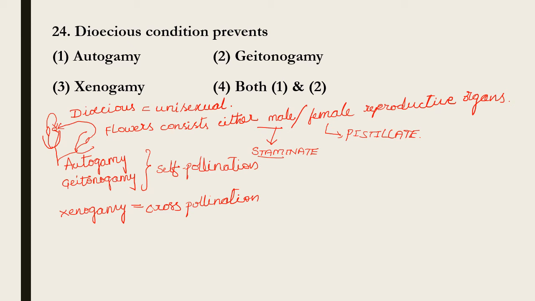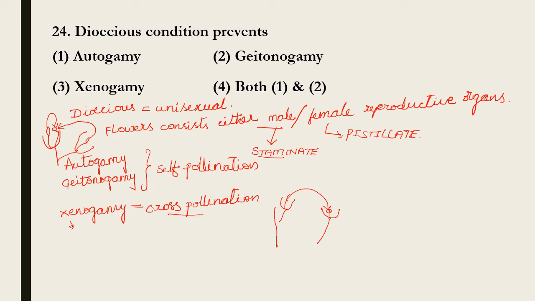But xenogamy occurs in dioecious plants. That means cross pollination, transferring the pollen grains from the anther of one flower to the stigma of a flower of another plant.